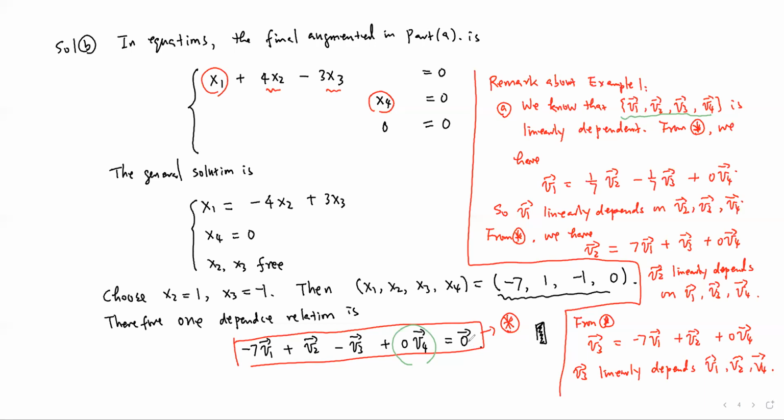But unfortunately, in this example, X4 is always 0. That means that, yes, the linear system has infinitely many solutions, but X4 is always 0. That means that we cannot write V4 as a linear combination of V1, V2, and V3 in this example.